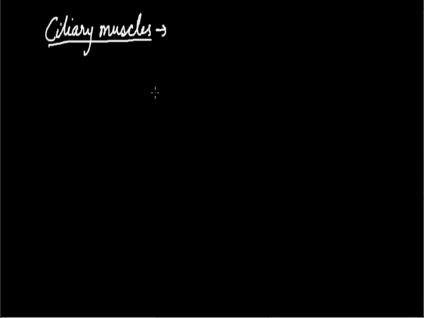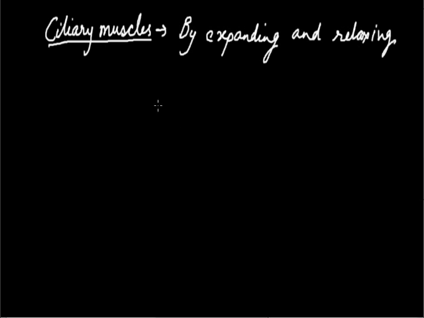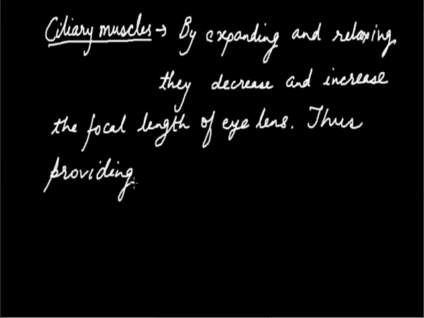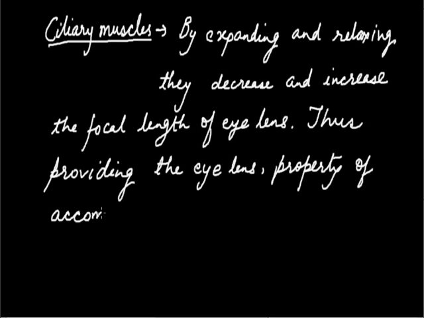Ciliary muscles give the eye the property of accommodation by simply varying the focal length of the eye lens. By contracting and relaxing, they decrease and increase the focal length of the eye lens, thus providing the property of accommodation.